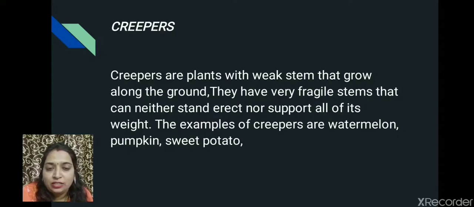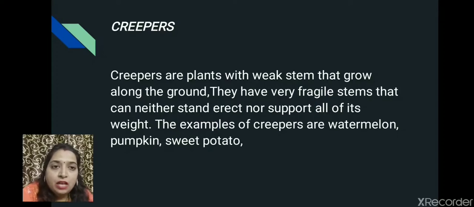What is that? Can you tell me? Beta, climbers and creepers, they both have weak stems. Okay, creepers are the plants which are having weak stem. And what is the difference between climber and creeper? Difference is that climbers climb up, but creepers, they crawl over the ground.